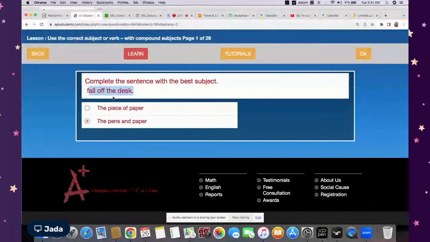Helena says one. Hmm. Now, first we need to check what's the verb here. The verb here is fall, and the verb does not have what? S, es, or ies. So it's a plural verb. So if it's a plural verb and you say number one, it is wrong.